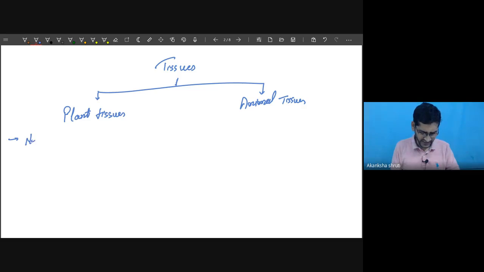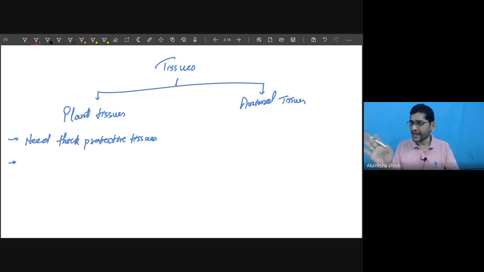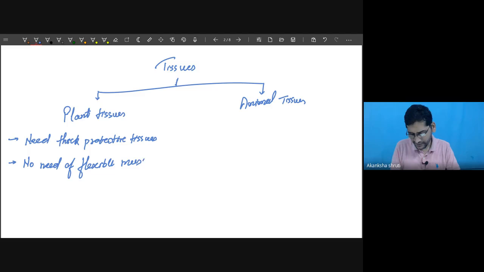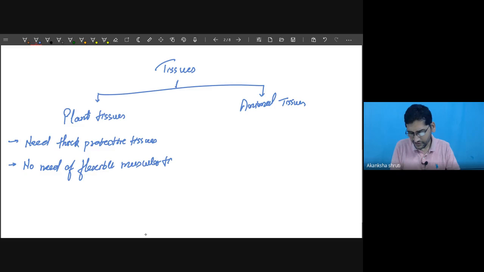So it needs thick protective tissue at their surface. Also, the plant does not move, so no need of flexible muscular tissue.